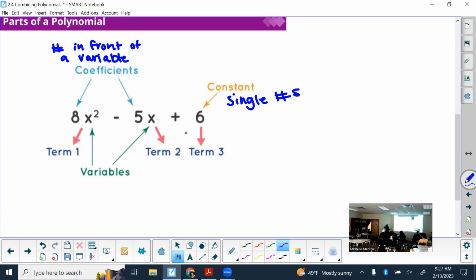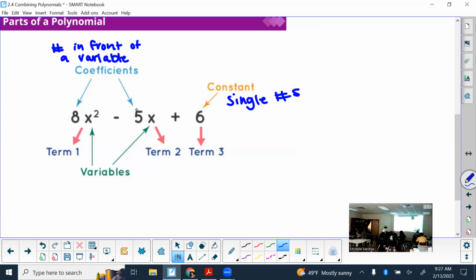Okay? Terms. What are terms separated by? How do I know that this is term 1, this is term 2, and this is term 3? What's a good way to separate that? The minus and plus.